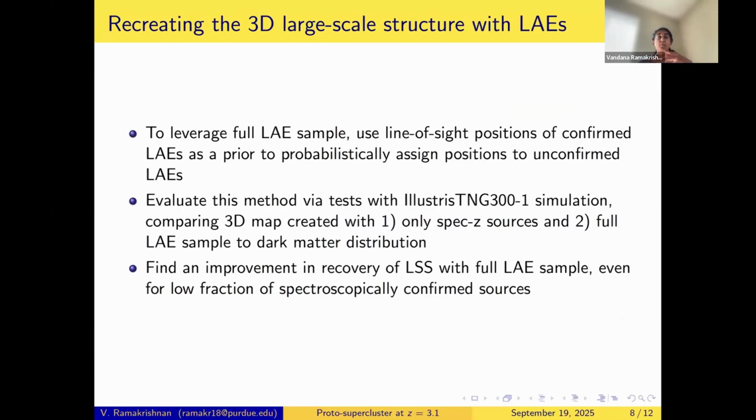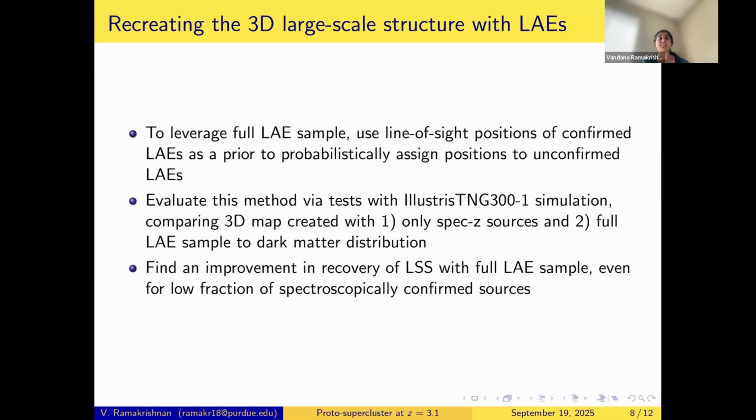Motivated by what I said earlier, the fact that just looking at the redshifts of the sources, it looks like sources which are nearby in projection are also nearby along the line of sight, we've developed a probabilistic method wherein we use the line of sight positions of confirmed LAEs as a prior, and we use that to probabilistically assign positions to the unconfirmed LAEs.